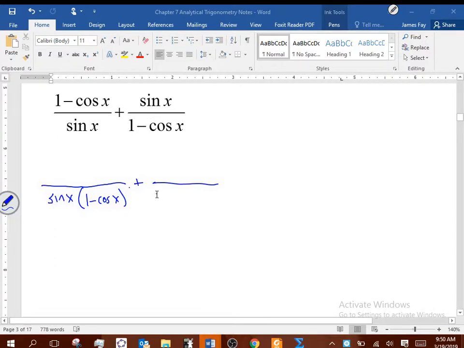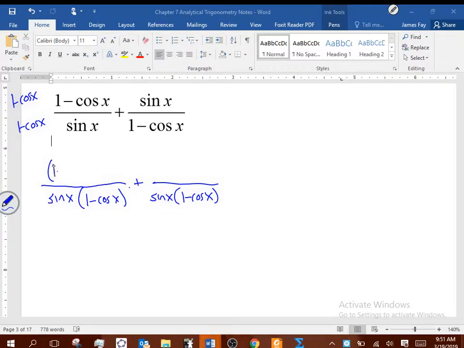Second fraction, I'm going to rewrite here. And this is just me being deliberate. I just want to put as many steps in here as I can so I don't get lost. But what do I need to multiply this fraction on the left by so that I get that common denominator? 1 minus cosine x, right? So I multiply top and bottom by that, I'm going to get 1 minus cosine x, squared, right?